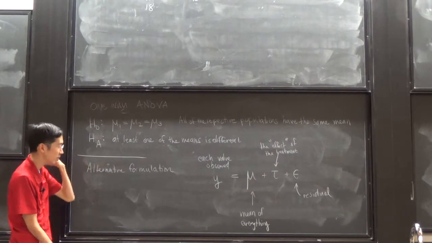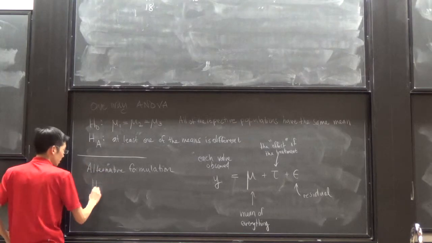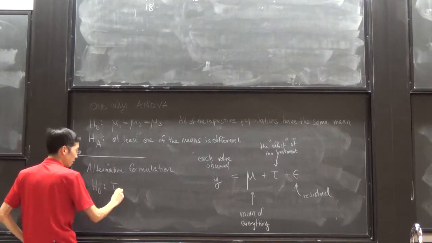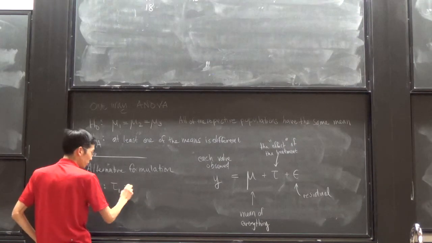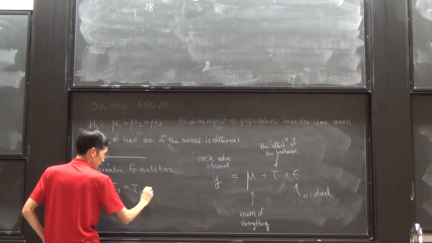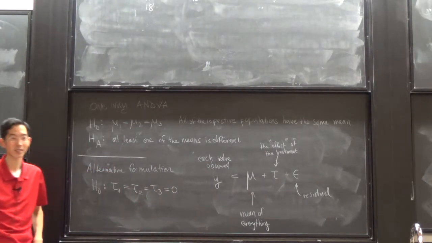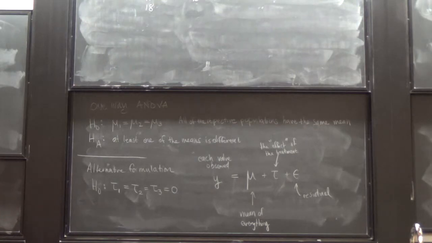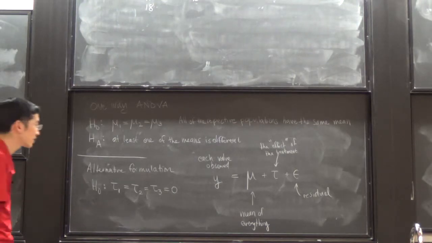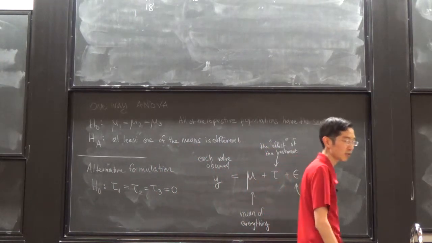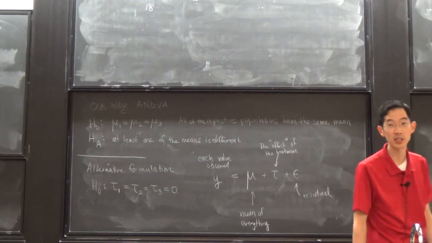So we have this alternative formulation, and the null hypothesis is that the tau, the effect of each treatment, are all the same, and that is that they essentially have no effect. That there's essentially no difference of being in diet 1 than there is to being in diet 2 than there is to being in diet 3.